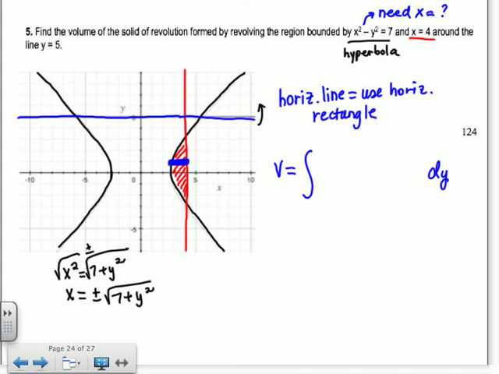Over here on the right. So this is the curve x equals positive square root of 7 plus y squared. When our x is negative, over here on the left, this is x equals negative square root of 7 plus y squared. Make sense? So those are the two curves we got out of solving that for x.